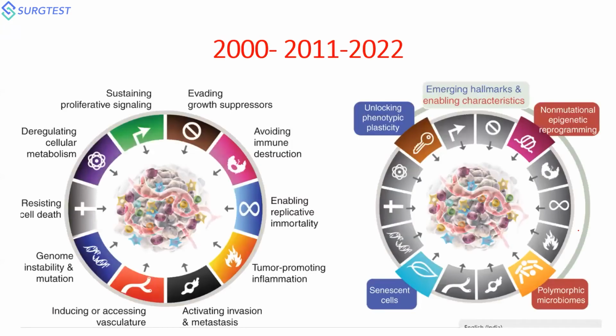So when I talk about Hanahan and Weinberg, we go to the year 2000, where they first identified and gave 6 hallmarks. So in the year 2000, they said there are 6 hallmarks of cancers. Starting with sustained proliferative signaling, meaning there will be a genetic element which will cause the start of a cancer-causing nature.